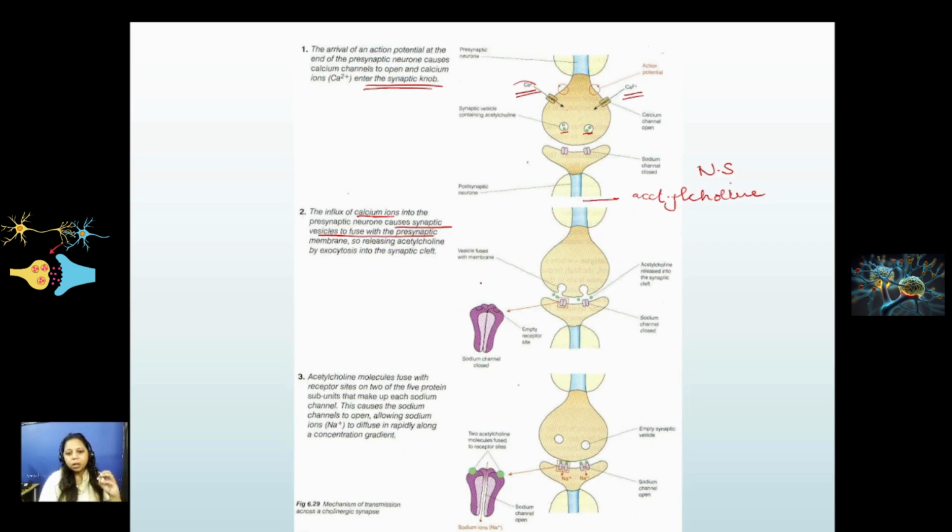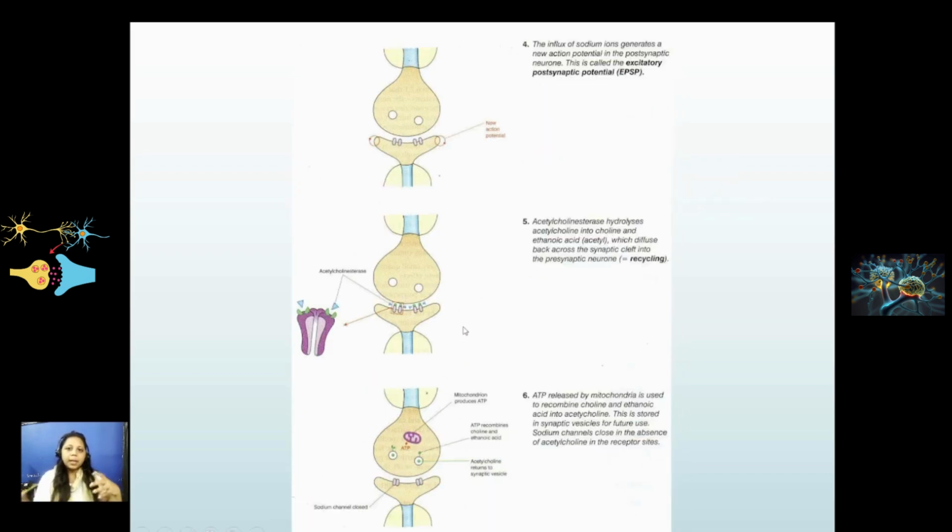When we say the shape fits in, it means there is more chance of chemical bonding between the two compounds. So the acetylcholine molecule fuses with receptor sites, and then further it causes the sodium channels to open, allowing sodium ions to diffuse in rapidly along a concentration gradient. So what happened next? Due to these sodium ions, there is a new action potential in the postsynaptic neuron.